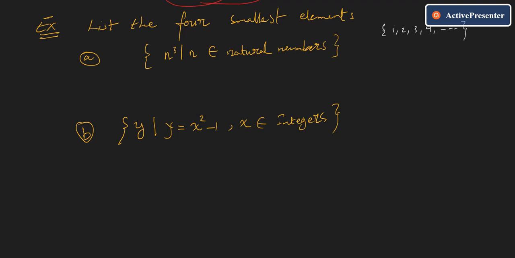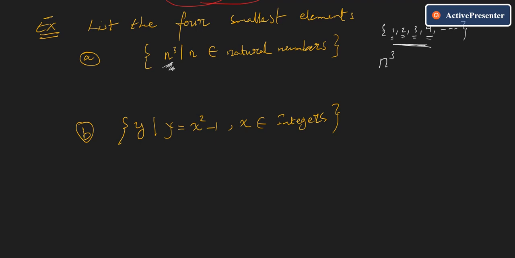If we are going to pick the four smallest elements of n cube, we are going to take the 4 smallest elements in the natural numbers. We are going to substitute them in n cube.